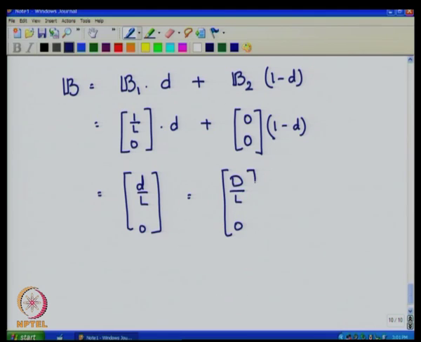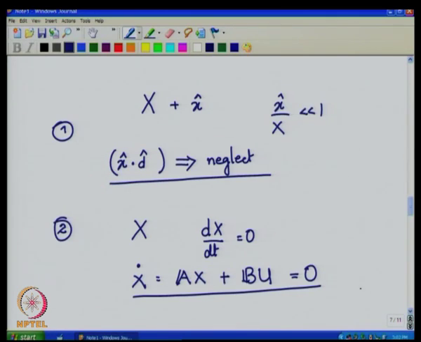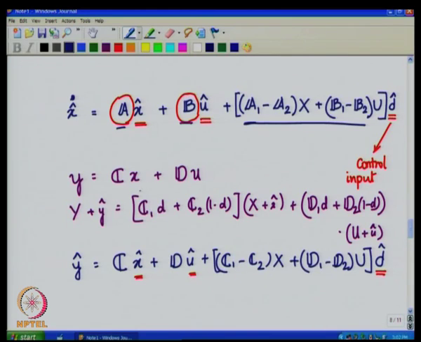That is, if you work out this equation, we saw here that we get these matrices.